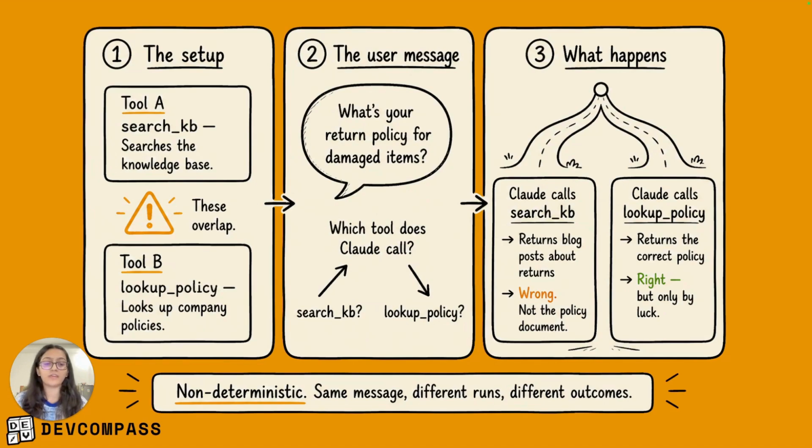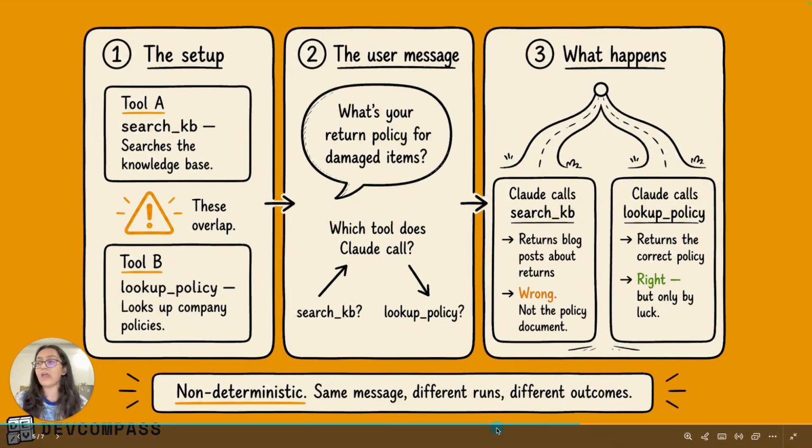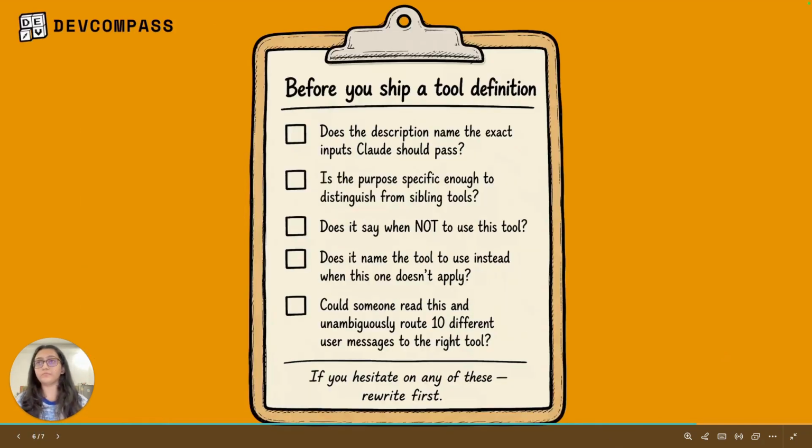You cannot test your way to confidence when the routing is ambiguous, because the failure won't show up consistently. It will work nine times and fail on the tenth, and the tenth will be in production with a real customer, and that is what you really need to avoid. The exam is going to put you through such scenarios, ones that could actually happen in production systems. So we have to be careful.